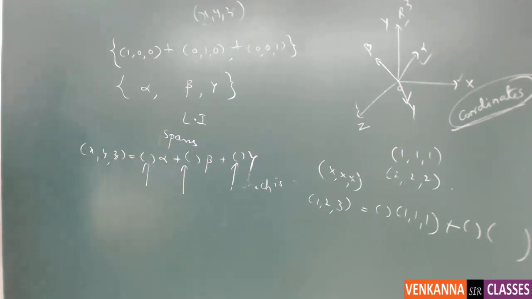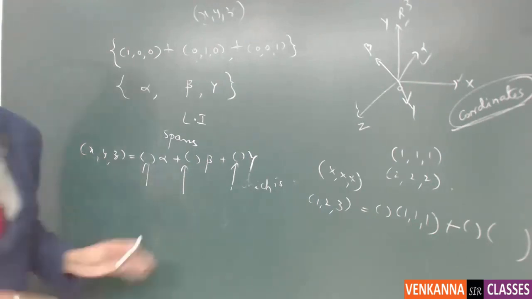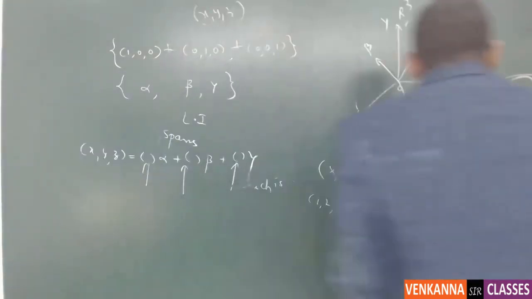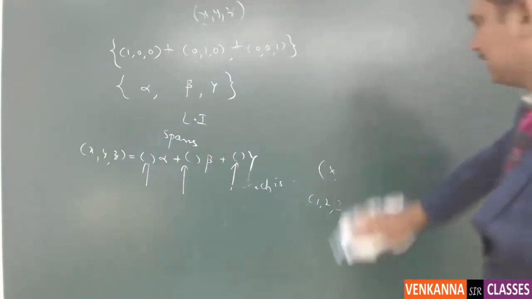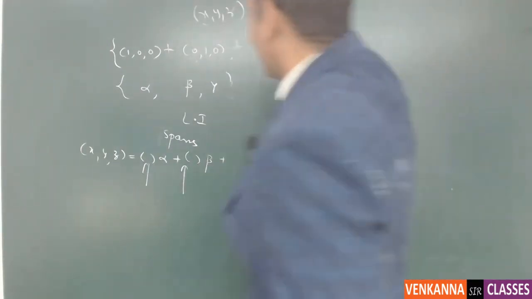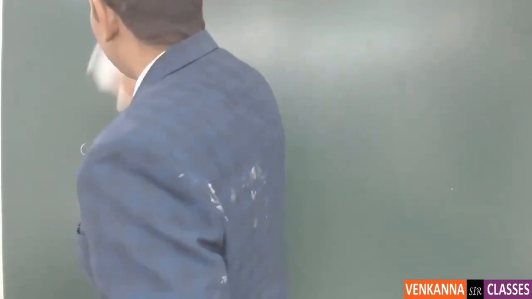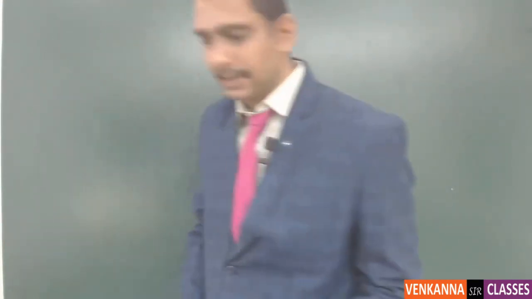Right. Then one question haunts our mind. To check the condition of linear independence, whenever three vectors are given, you simply calculate the determinant. If the determinant is not equal to 0, the set is linearly independent.